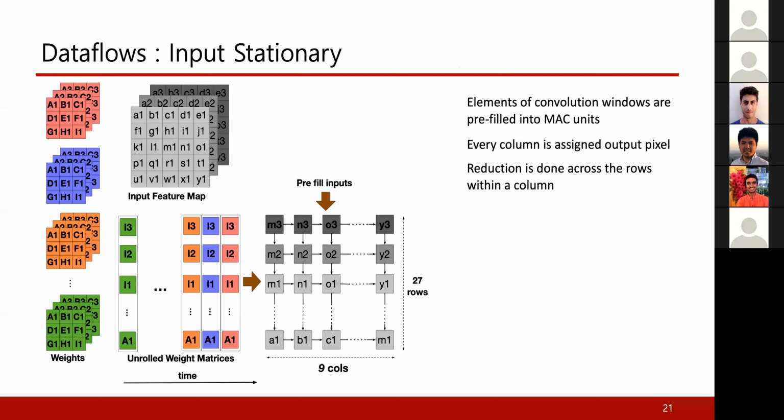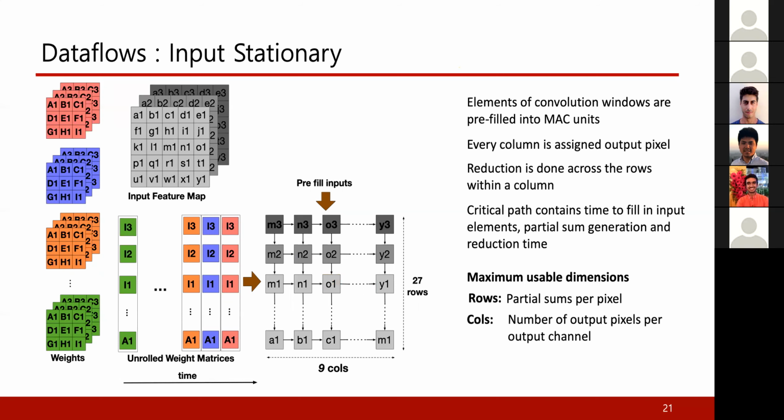Like in the case of weight stationary, the reduction is again done across the rows within a column, and the critical path also contains the time to fill the input elements, partial sum generation, and final reduction time. And obviously, depending upon what we have mapped, the maximum usable dimensions are changed as well.